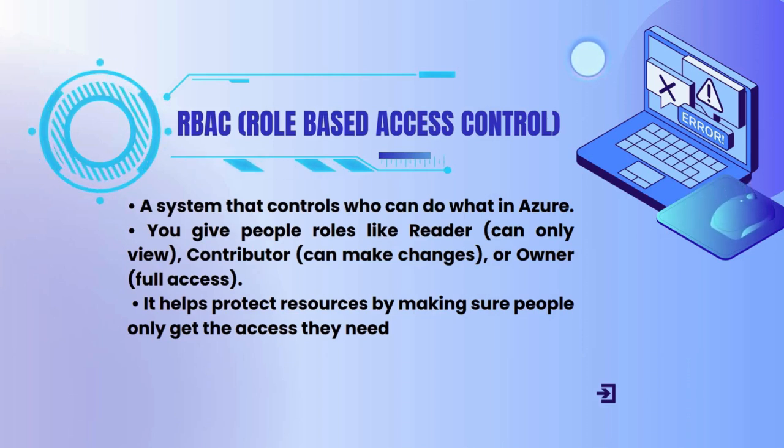The owner has full control. For example, in a construction company, site engineers can only view project updates. They are the readers. Project managers can update schedules. They are the contributors. Admin can manage everything, like the owner. RBAC keeps the system secure and organized.